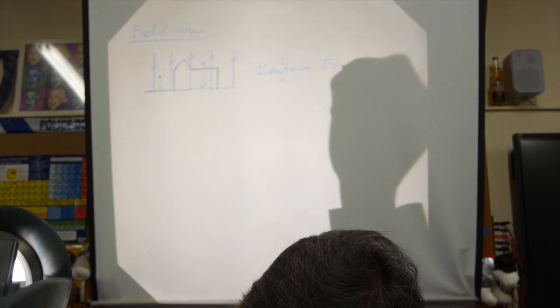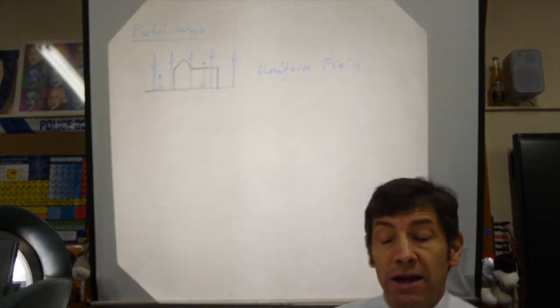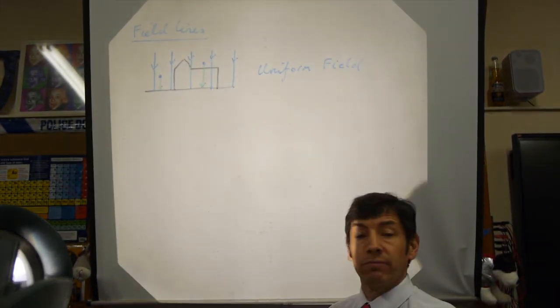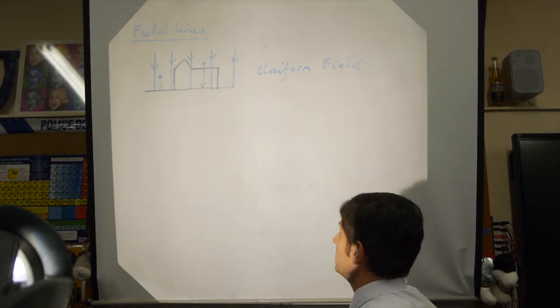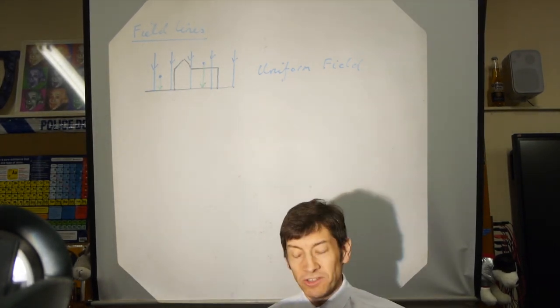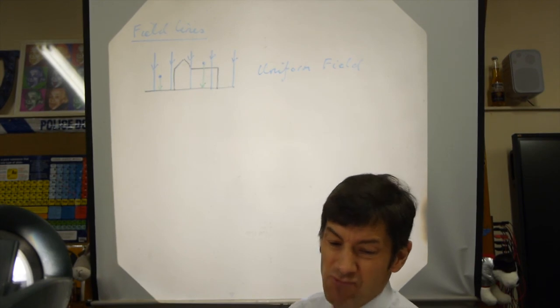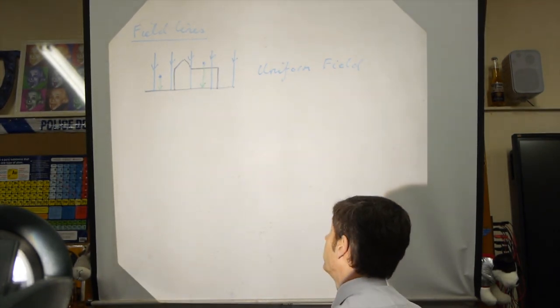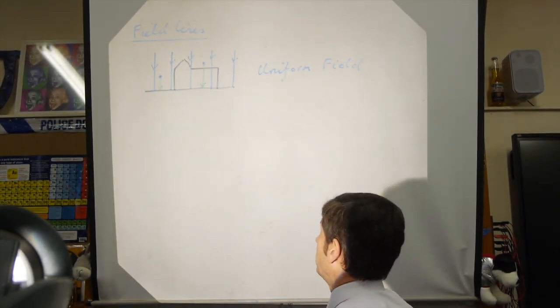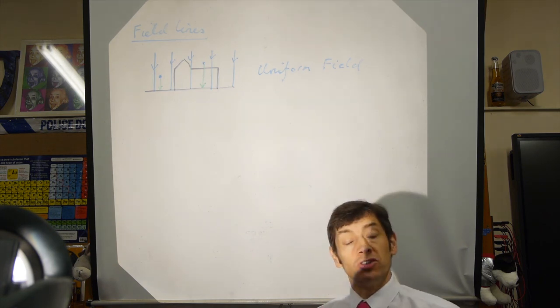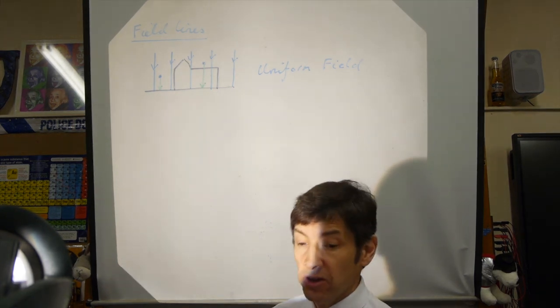In other words, it has the same strength everywhere. Great, fantastic for GCSE because we have 9.81 newtons per kilogram for g, or approximately 10 newtons per kilogram, and we don't go huge distances away from the Earth.